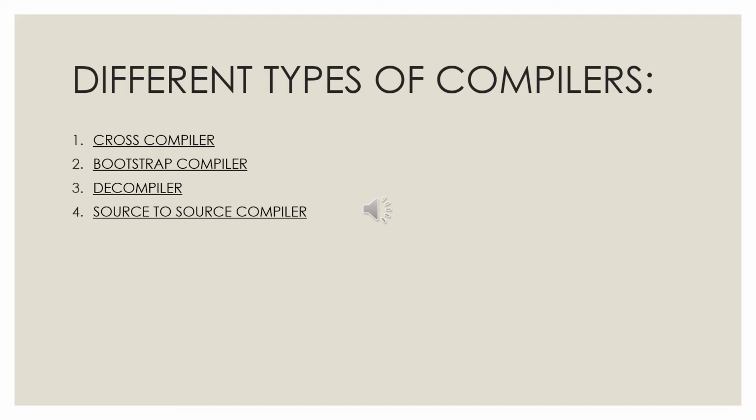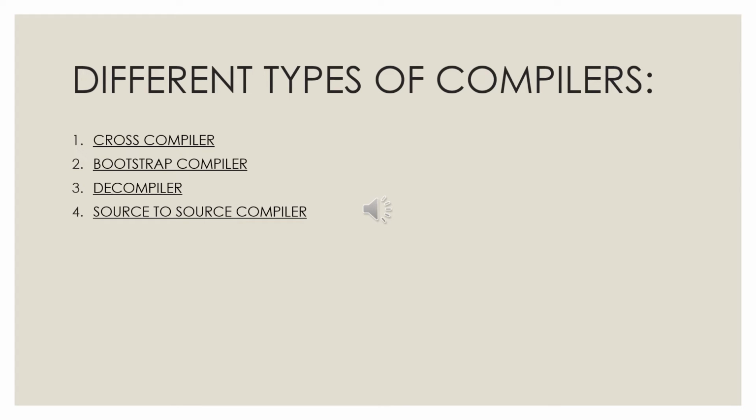Moving forward, we have the topic different types of compilers. Number one, we have cross compiler. A cross compiler is a compiler capable of creating executable code for a platform other than the one on which the compiler is running. Number two is bootstrap compiler. A bootstrap compiler is written in the language that it intends to compile.